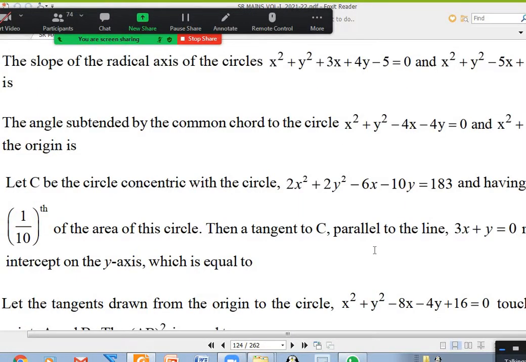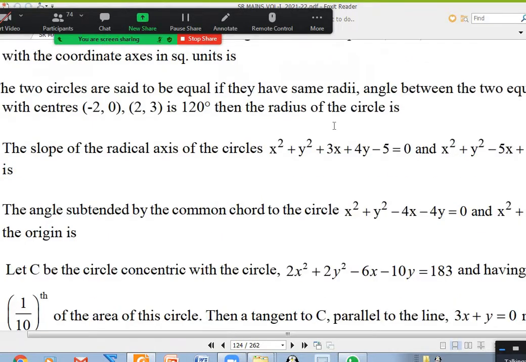Okay, anybody doubt about the 18th one? Seventeenth one? Sixteen is very simple. They just simply wanted the slope of the radical axis.